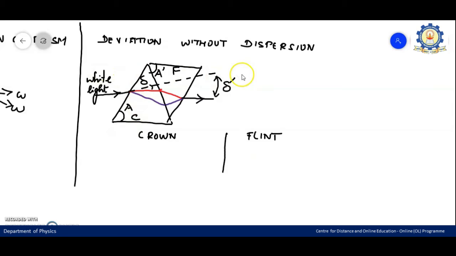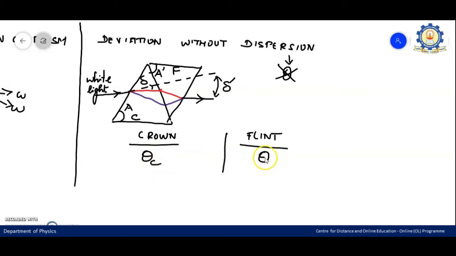So here in deviation without dispersion, you don't need the theta, just the angular dispersion. So angular dispersion of the crown can be mentioned as theta c.